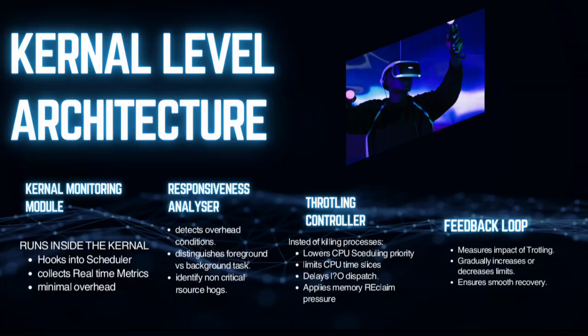Instead of killing processes, it lowers CPU scheduling priority, limits CPU time slices, delays input and output dispatch, and applies memory reclaim pressure. The fourth and last is the feedback loop, which measures the impact of throttling, gradually increases or decreases limits, and ensures smooth recovery.